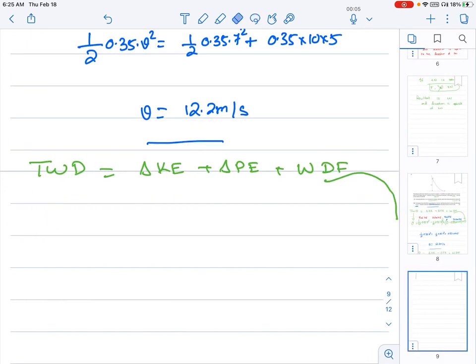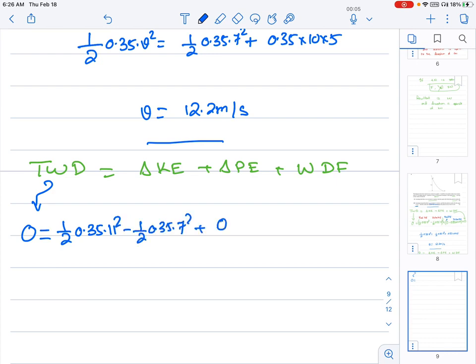then erase this. Okay, so total work done is going to be 0. Delta K is half times 0.35 times 11 square because it is reaching with 11, minus 0.35 times 7 square, plus final potential energy is 0 and same 0.35 times 10 times 5 plus work done against friction.